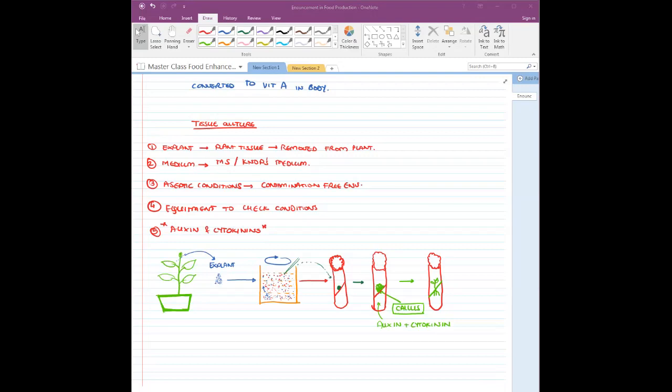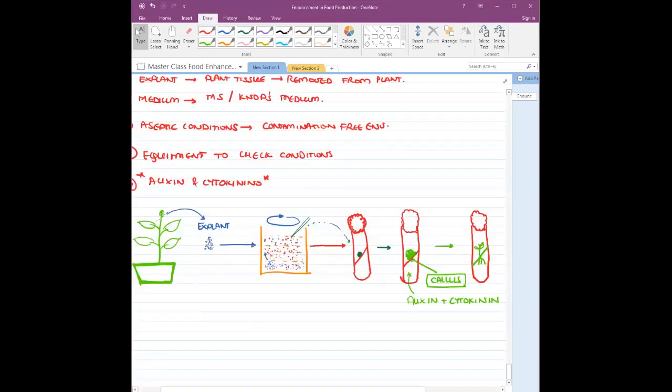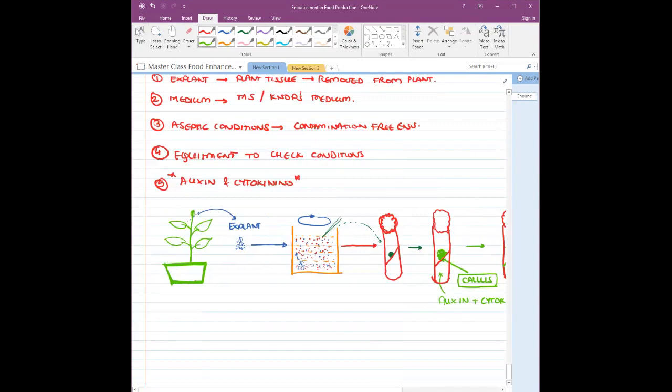First of all, guys, what property of the plant are we tackling over here? I told you we are tackling totipotency. There are two types of cells, one is totipotent cell, the other pluripotent cell, but more or less the meaning remains the same. So we are talking about totipotency.